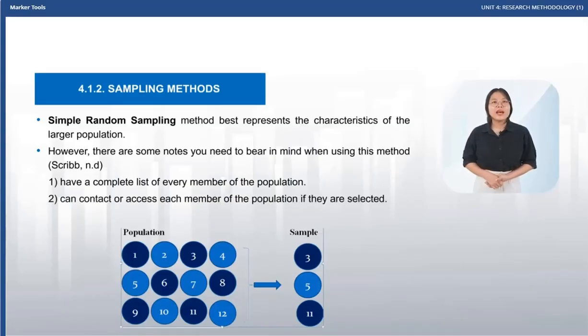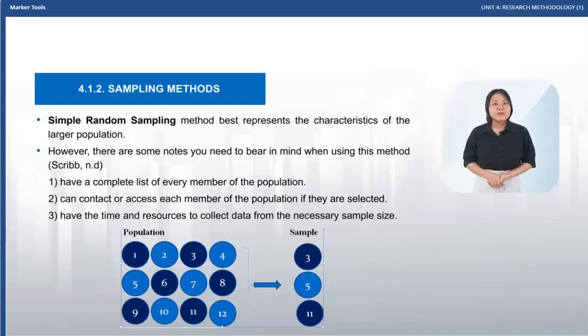And then you can contact and assess each member of the population if they are selected. And remember, you need to make sure that you have enough time and resources to collect data from the necessary sample size. So I give you one example.